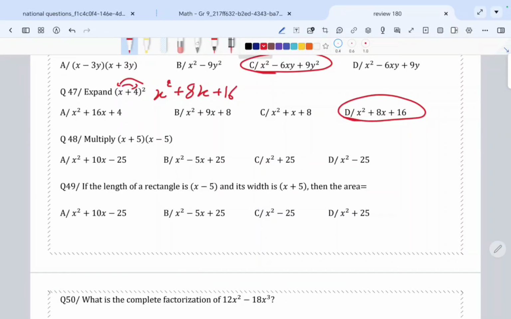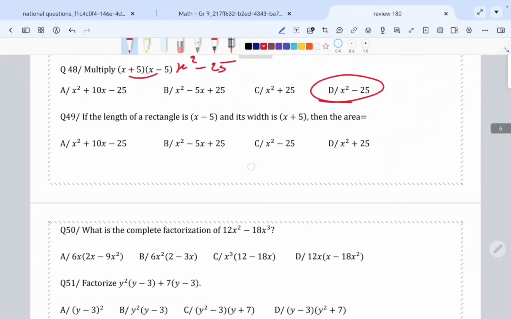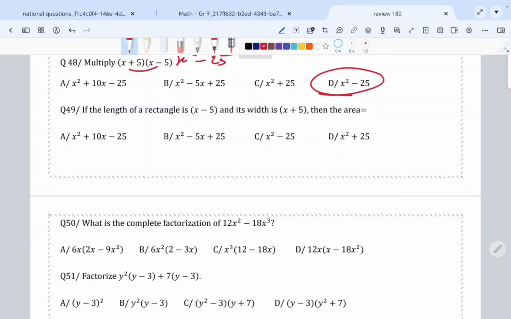This one is a difference of two squares, okay? So it will be x power 2, positive times negative, negative 5 times 5, 25. Which one is x power 2 minus 25? D. Now, if the length of the rectangle is x minus 5 and its width is x plus 5, then the area is what?